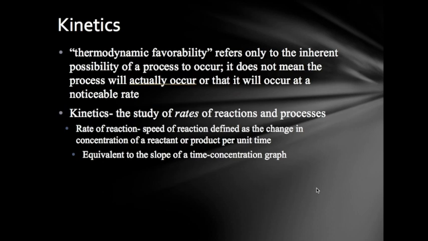Remember, concentration is typically measured in moles per liter. So how is the amount of a reactant or product changing as time goes on? If those amounts change very quickly, if our reactants get consumed very quickly and our products get produced very quickly, if we have a large change in concentration per time, that means our reaction is happening fast, right?